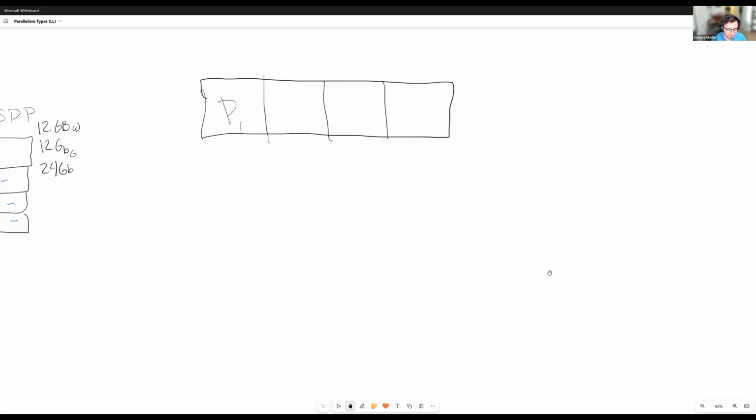So P1, P2, P3, P4. However, unlike ZeRO, we're going to have essentially smaller optimizers and smaller localized gradients for each partition. With the idea being, let's say this is GPU 1, GPU 2, GPU 3, GPU 4.